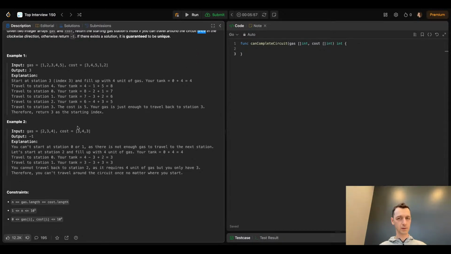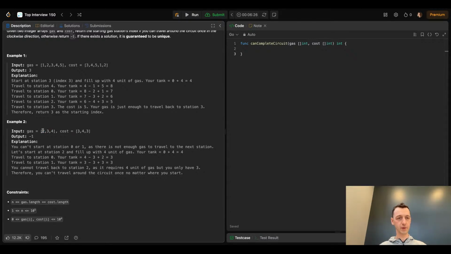Okay, next, example 2. Gas 2, 3, 4, cost 3, 4, 3. You can't start at station 0 or 1 as there is not enough gas to get to the next station.